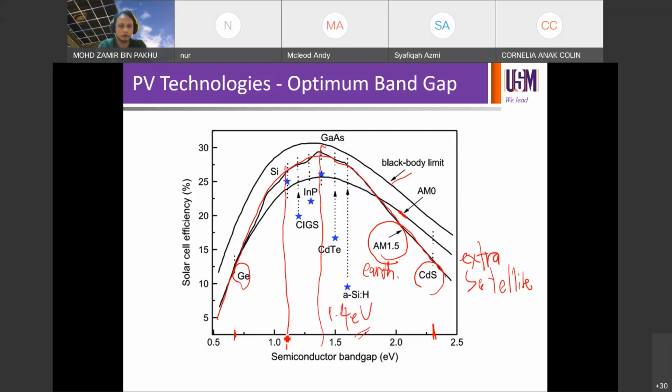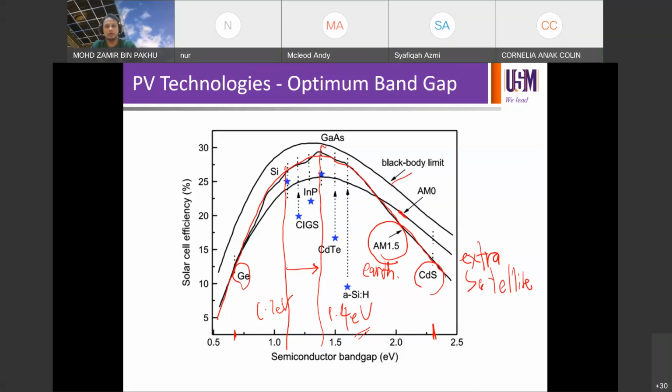Well, not too bad, not too far away from the best condition. Near ideal, but not the ideal one, right? Cadmium telluride is 1.5. CIGS is tunable, so it's somewhere around 1.2. Indium phosphide 1.2, 1.3. So those are among the optimum band gaps, right?